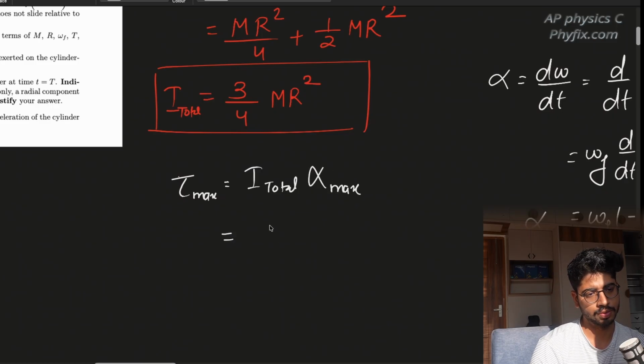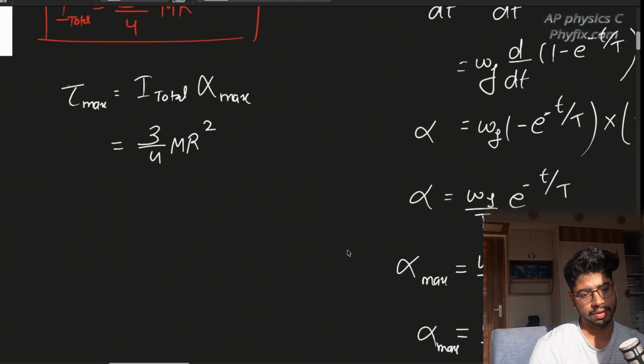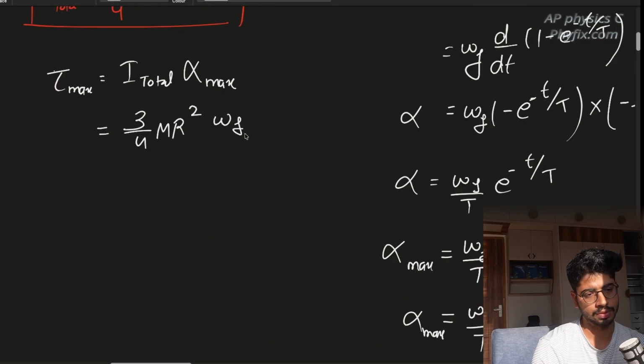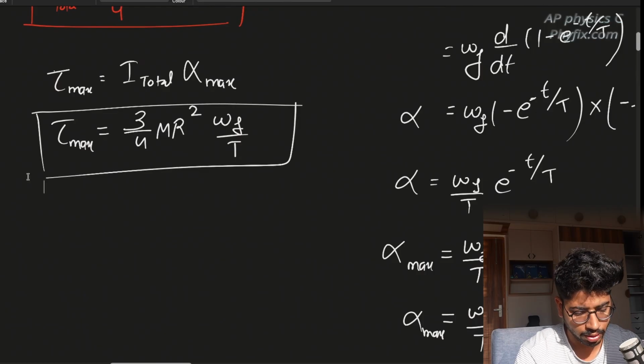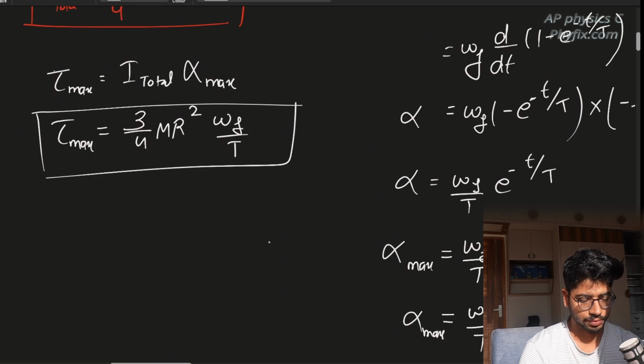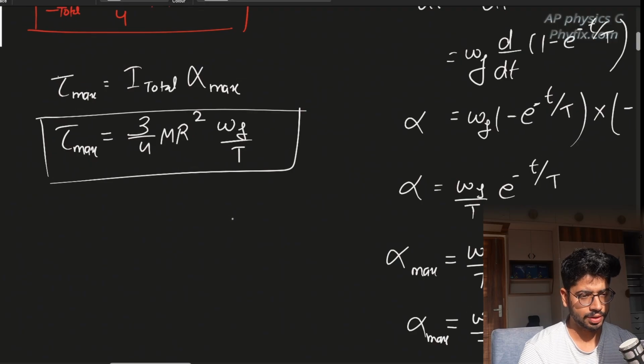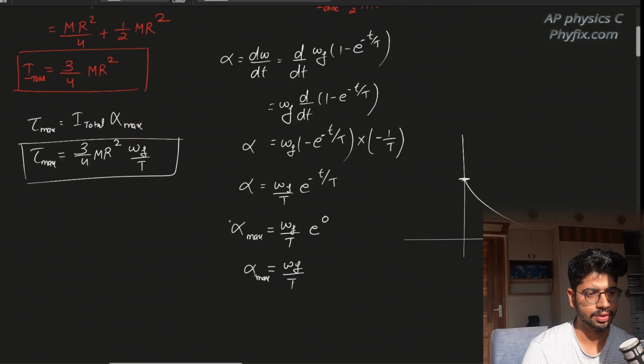So this is 3 by 4 m r square, and alpha that we have is omega f by T. So this is the maximum torque that we have. Okay, that's perfect. That is how we are going to calculate this one.